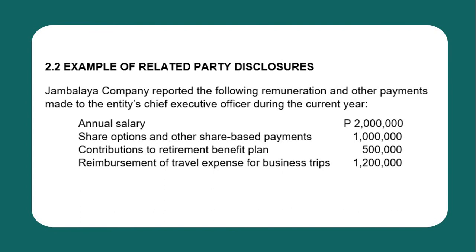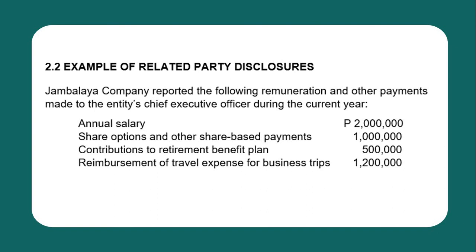And since you have a transaction between you, the reporting entity, and the CEO, then such transaction must be disclosed. So these are the remunerations and other payments made to the entity's chief executive officer.